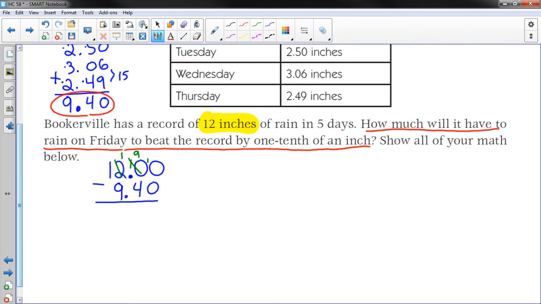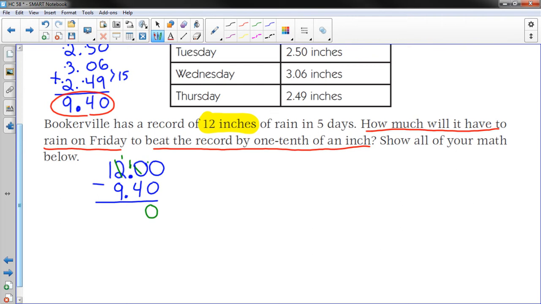I guess I didn't have to borrow that, did I? Because 0 minus 0 is 0. You ever do that sometimes? I do. But I did have to borrow up above, so I had to get rid of that 9. That was my mistake, and sometimes I do make mistakes.